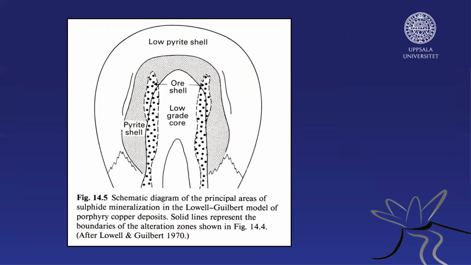To illustrate that, you have a magma body, and you have different zones with different mineralizations, but you have basically an outer shell which contains scattered minerals that contain the elements of economic interest.